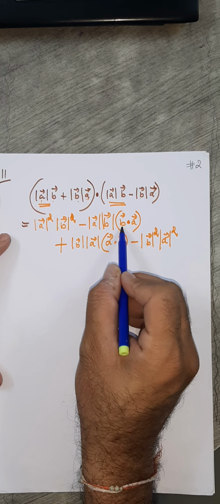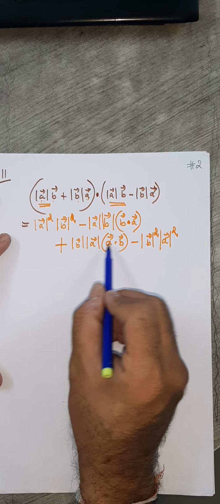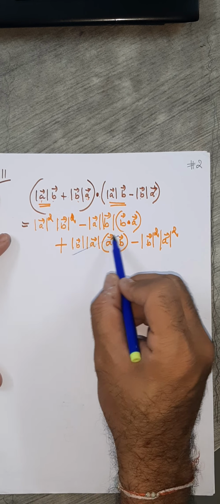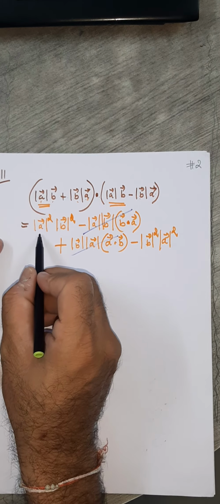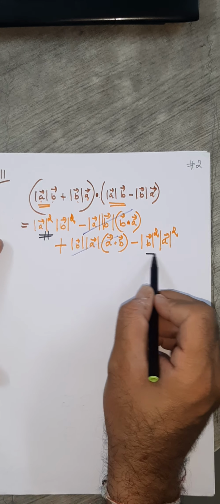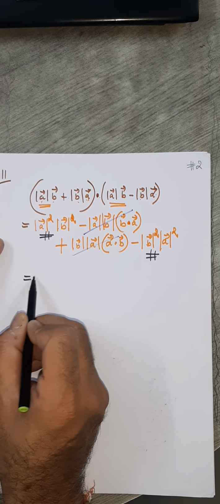Now as I mentioned number of times, these two are equal, so these two will cancel. Okay, and this two will get cancelled with this because these two are also equal, so this is 0.